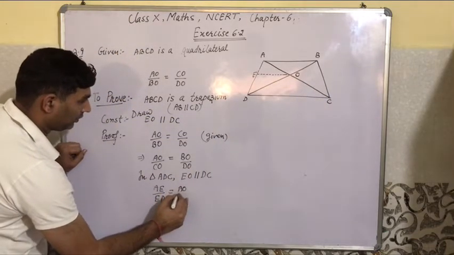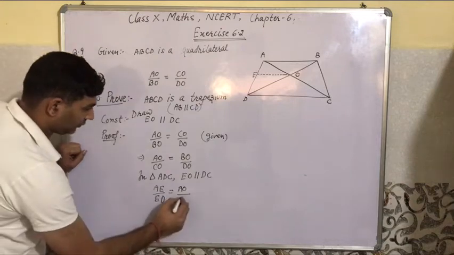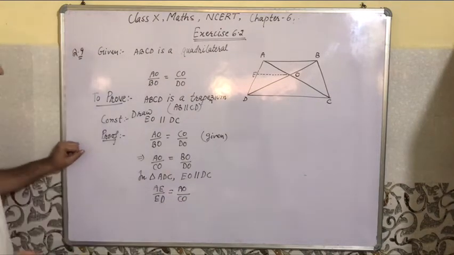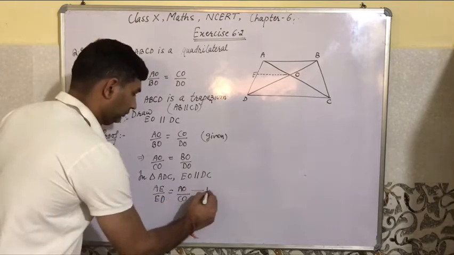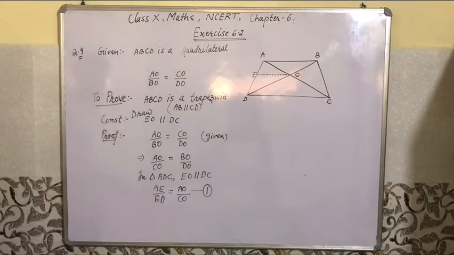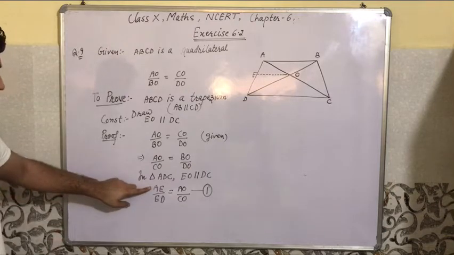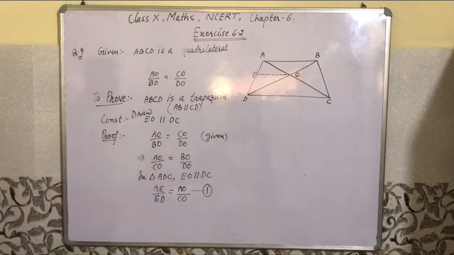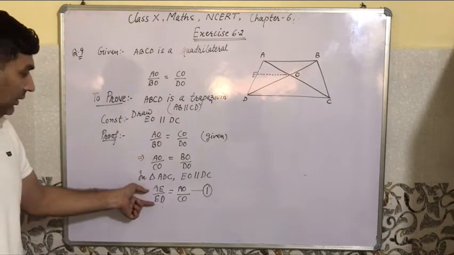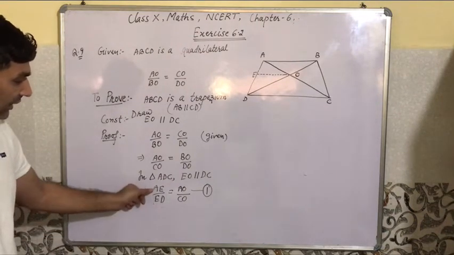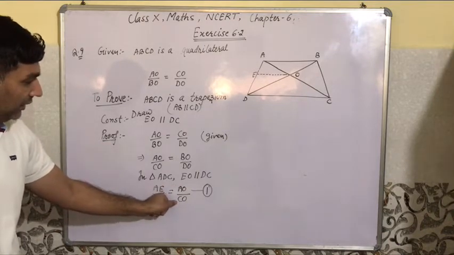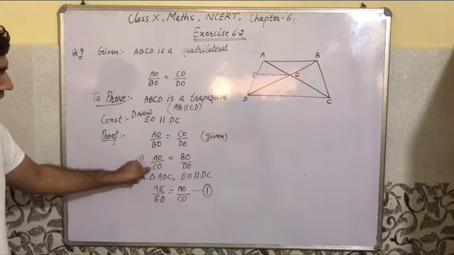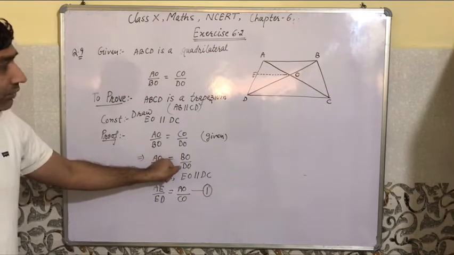AO upon OC, yes, CO. Then equation 1: this AO upon CO is equal to AE upon ED. But in this figure, this AE upon ED is equal to what? AO upon CO. But AO upon CO is equal to what? BO upon DO.